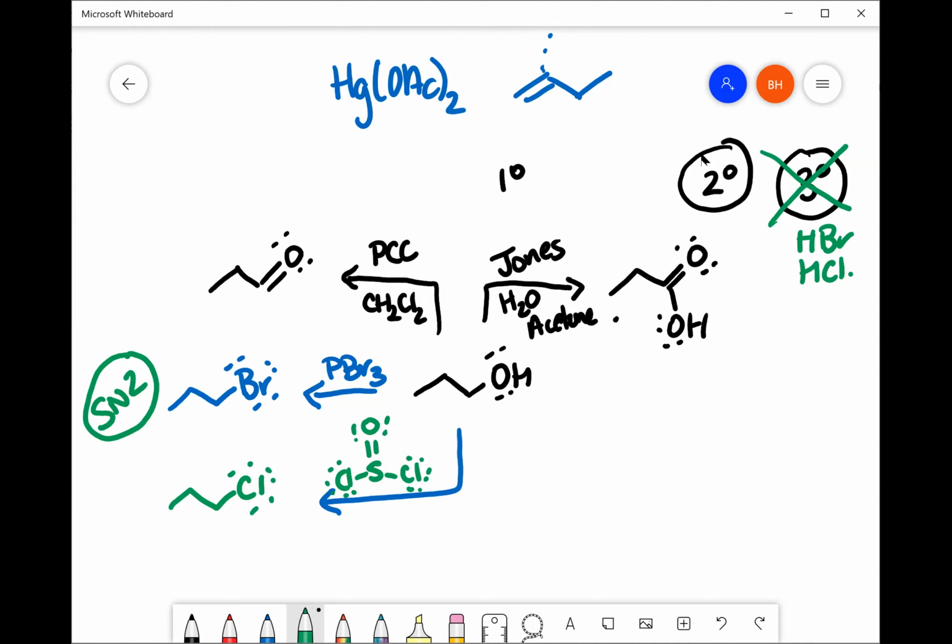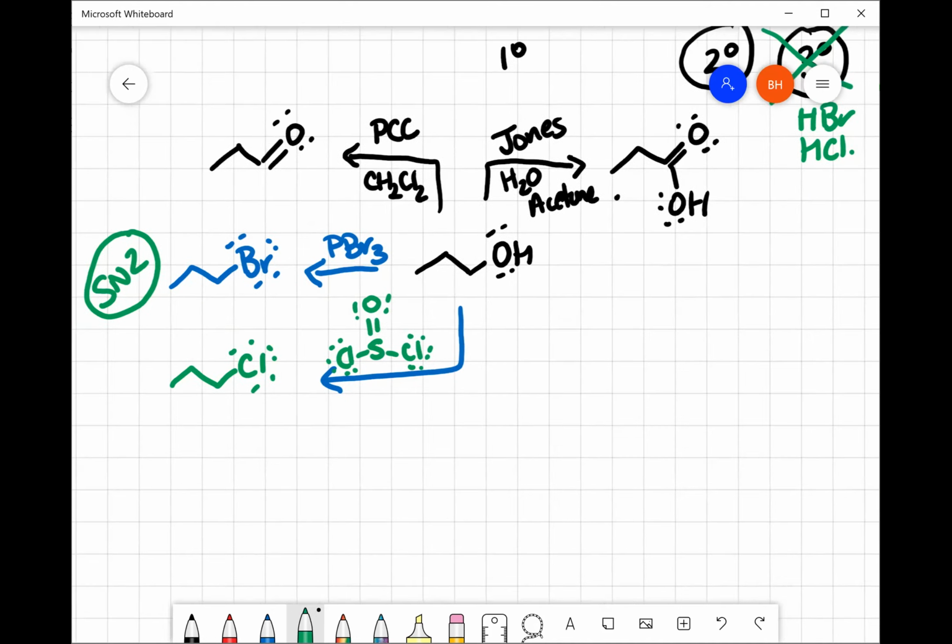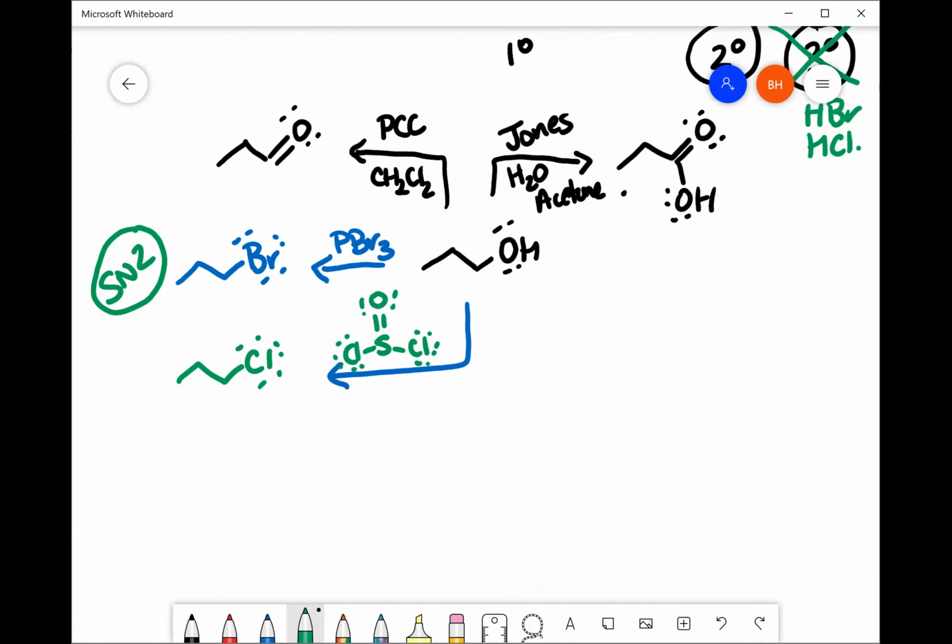It's a completely different pathway to get that to work. So phosphorus tribromide and thionyl chloride make the alkyl halides. We made leaving groups. We converted alcohols to leaving groups using something.